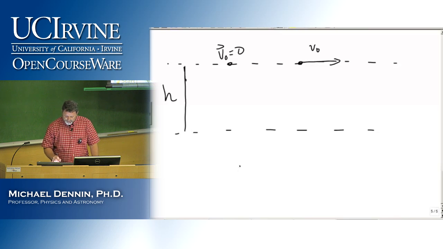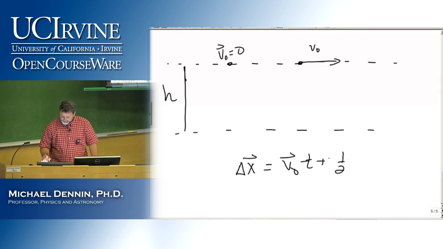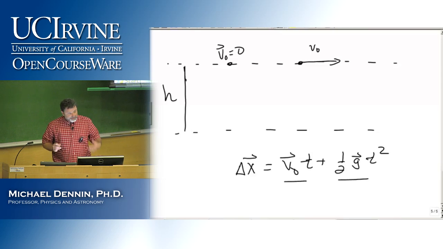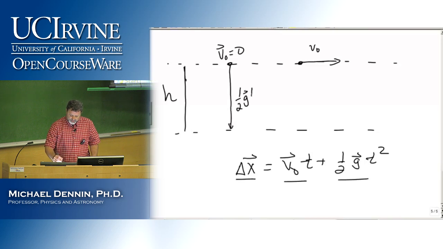So if I want to draw the displacement vector diagram, I have to draw these two vectors added together to give me this. Well, this one is simple. It just has 1/2 g t1 squared, however long it takes to fall.